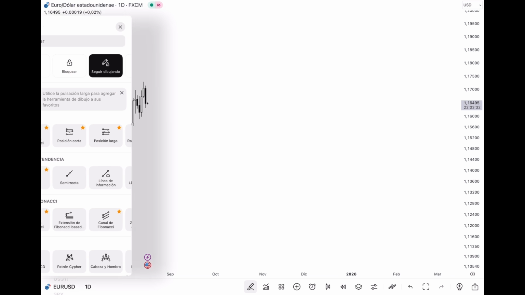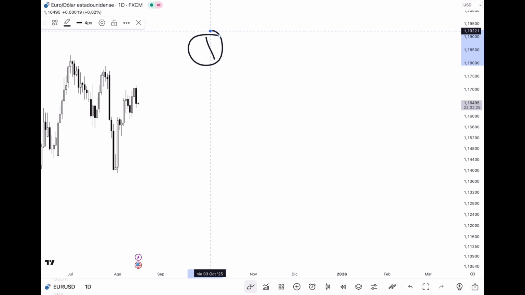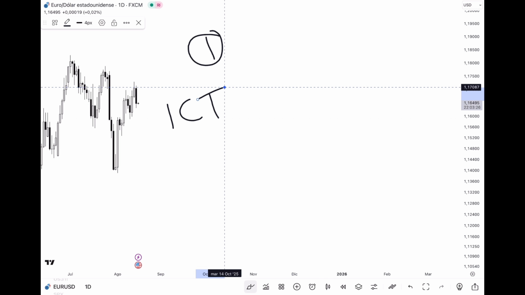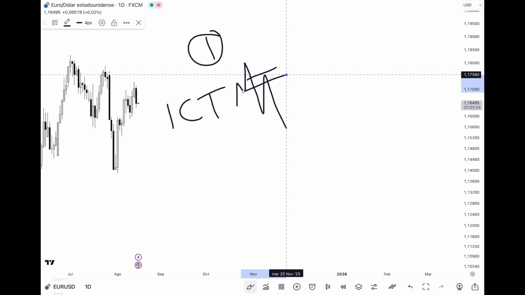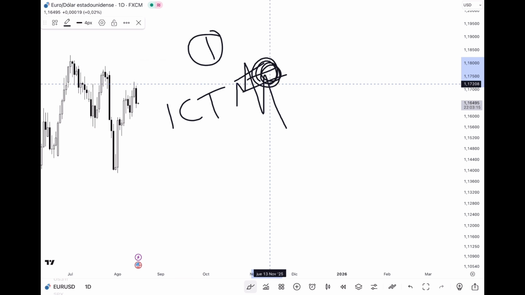Now, an ICT trader, a pattern trader, it's pretty much become that. Once upon a time, it was an obsolete system, but now a lot of people are using it as a pattern, which has created a lot of dumb money in the markets.